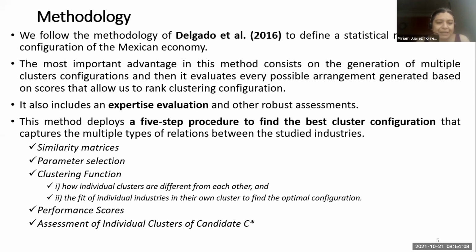So in the part of the performance scores, we have to construct a score that allows us to rank these many different clusters, so we can have a statistical procedure to rank them and to select the best configuration. And finally, we perform a final assessment using the expertise of some people who knew this configuration very closely, and this allows us to have the best configuration.